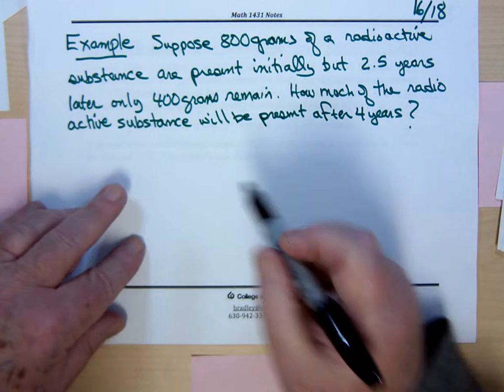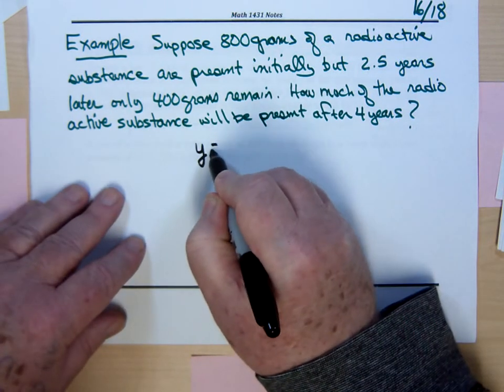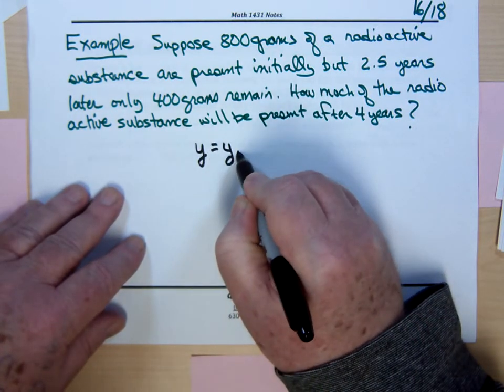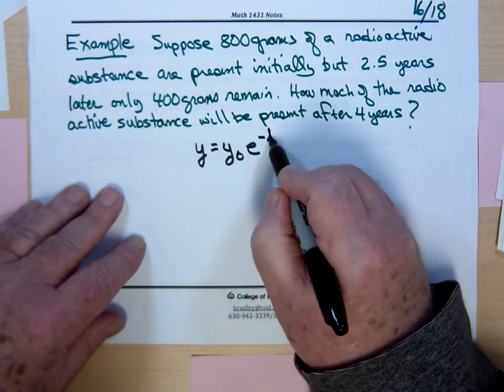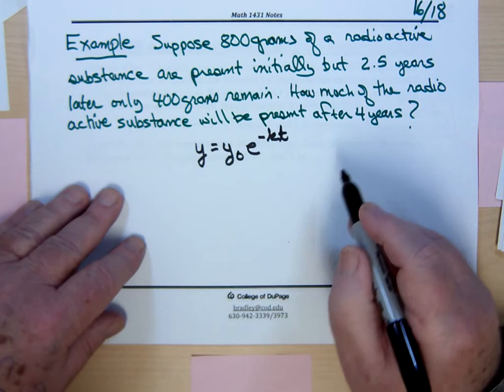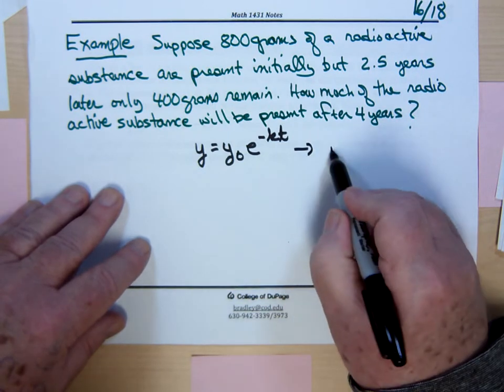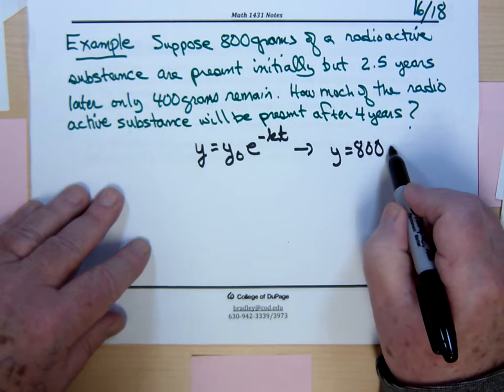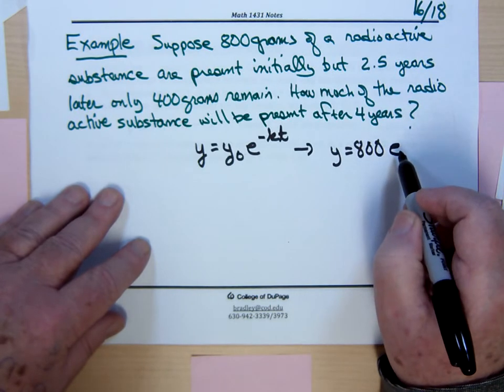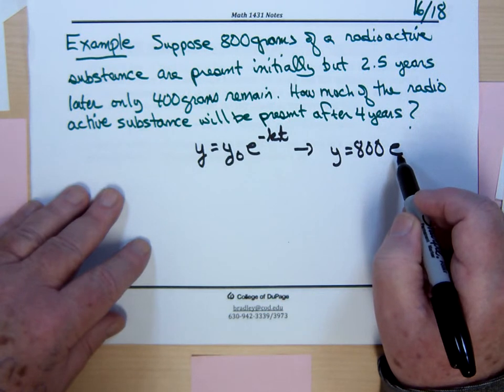Well, the equation is this one, y equals a e to the minus kt, and for carbon-14, that means that the problem at hand is 800 e to the... and we're going to be using that number that they gave us.